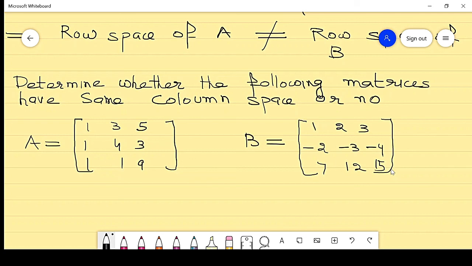So that is my question, whether the following matrices have the same column space or not.